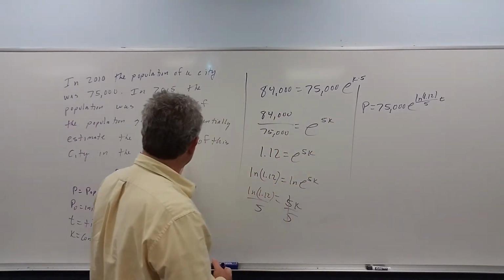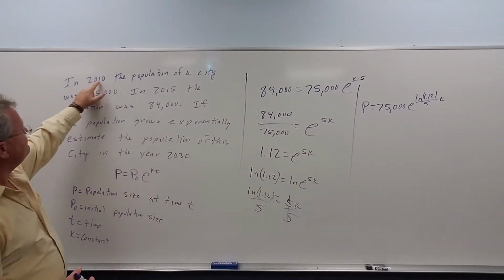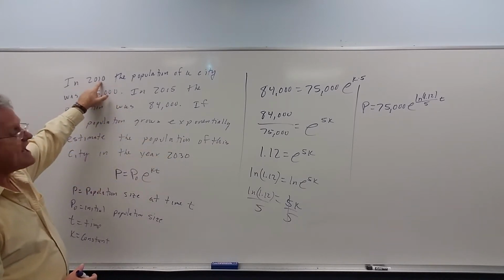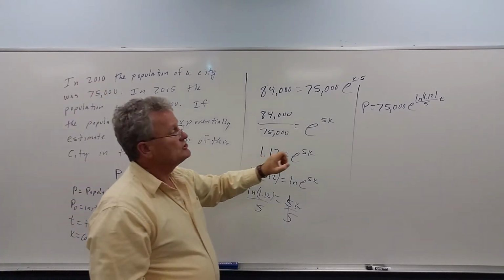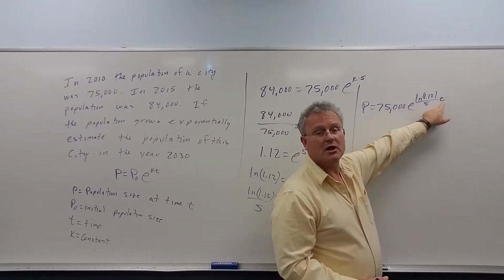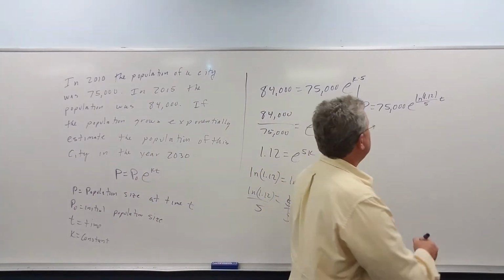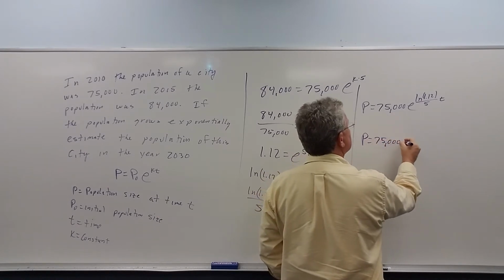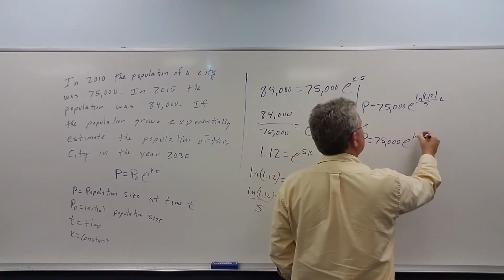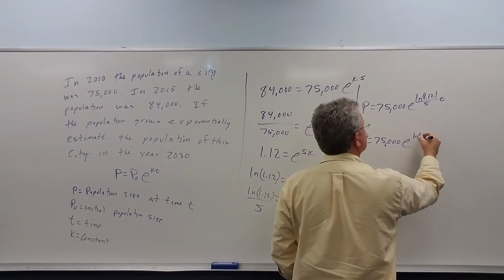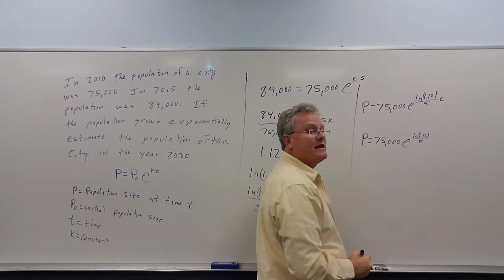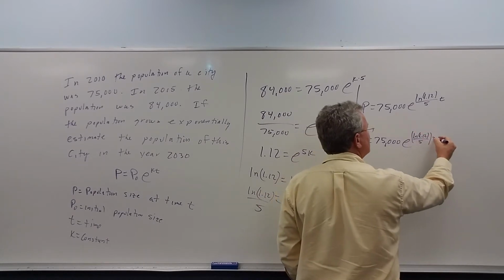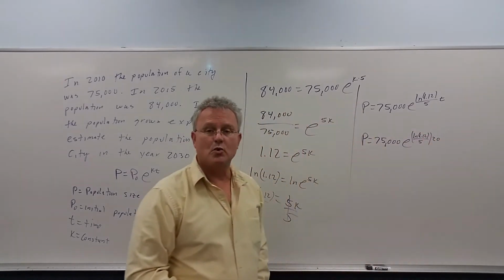But 2030 compared to the beginning is 20 years after 2010, so all we need to do is plug in 20 for t. So P is 75,000 times e to the natural log of 1.12 divided by 5, and then this whole thing is multiplied by 20.